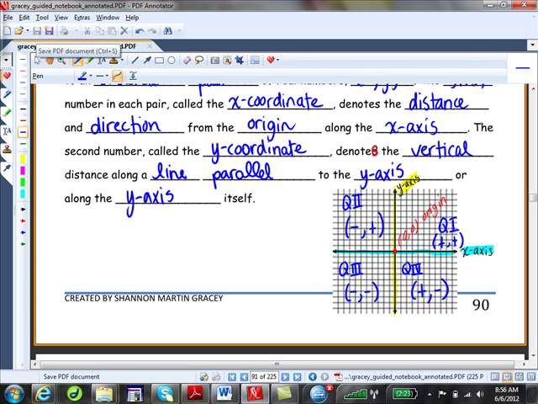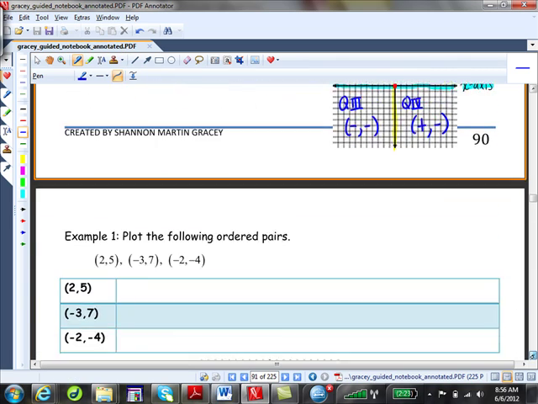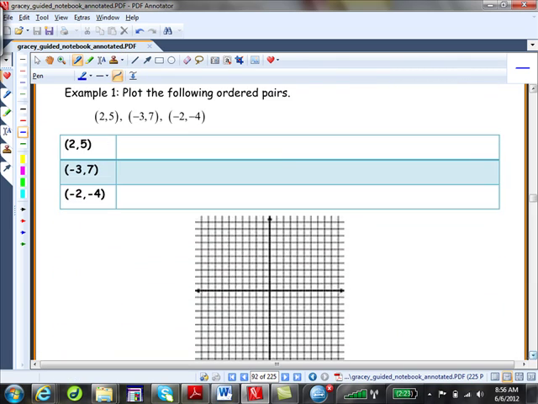Okay, so let's check out how we would plot some of these ordered pairs. So 2 comma 5. The x coordinate is 2 and the y coordinate is 5. So that means we're going to go 2 units to the right and 5 units up.